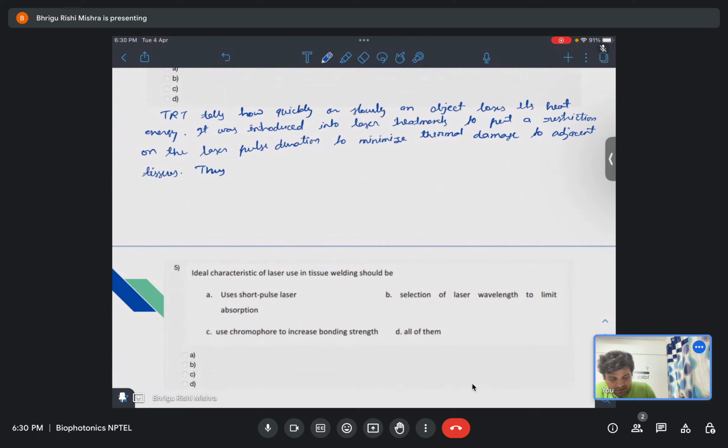Thus most of the thermal damage would be confined to the absorbing target and not the other healthy tissues. That is why TRT is very important.